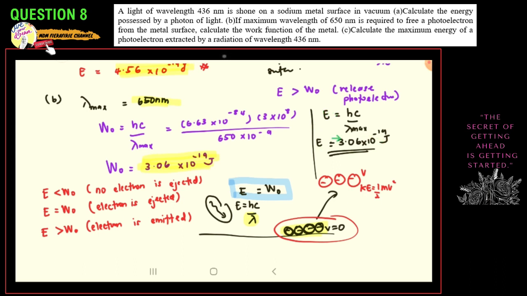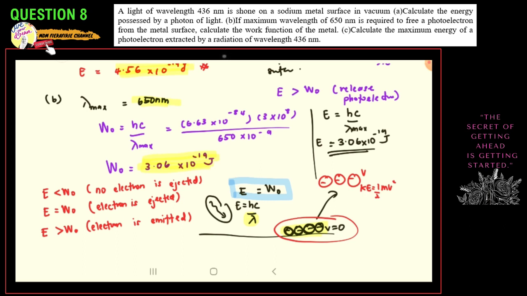So E tak boleh jadi lagi kecil daripada 3.06 exponent negative 19 joule, sebab if the energy of the photon is smaller than work function, no electron is ejected. Sedangkan soalan dah sebut, when maximum wavelength of 650 nanometer is required to free a photoelectrons from the metal surface. So, maknanya dalam keadaan ini, the photoelectron is free from the metal surface. Boleh? Okay, good.